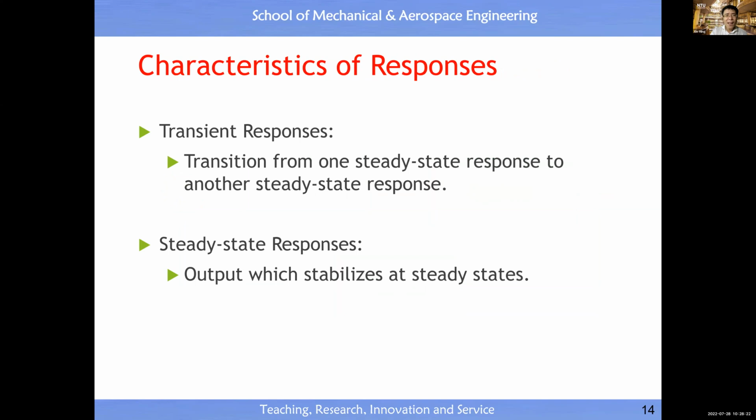So then look at the output. It is very interesting to know that all the output is divided into 2 categories, transient response and steady state response. Okay, later on you will know. Let's say I want the room temperature to be 25 degrees. If we instantly reach 25 degrees, that means this system has only a steady state response.